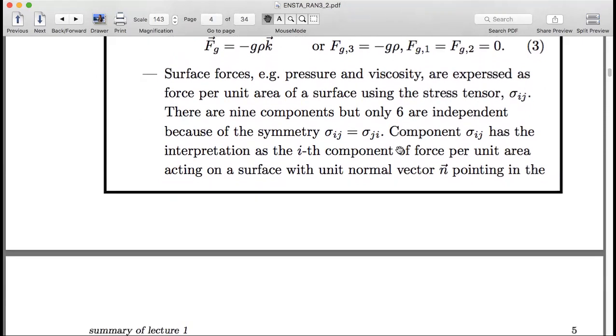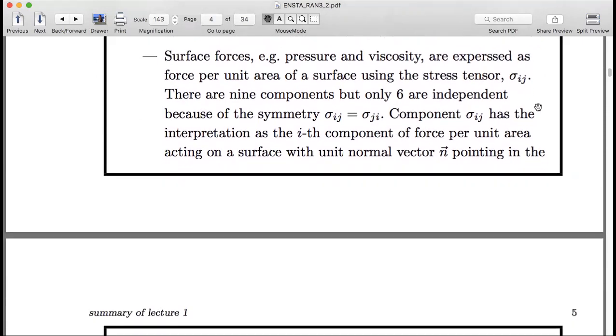Surface forces are a little more challenging to describe. They're forces of molecular origin that, in our continuum hypothesis description, are most easily represented as forces per unit area. And they're all described by this mathematical beast called the stress tensor.